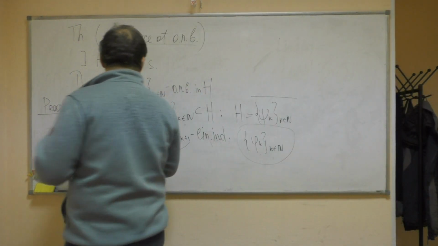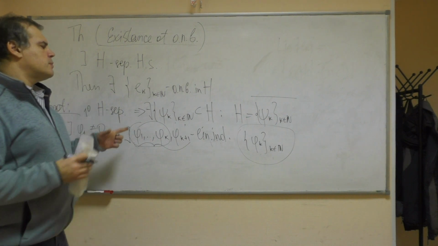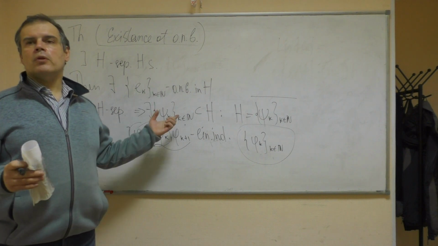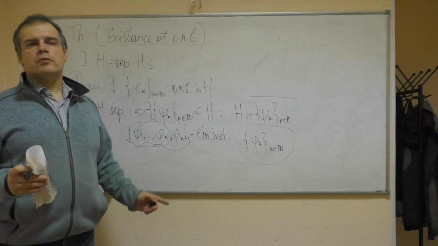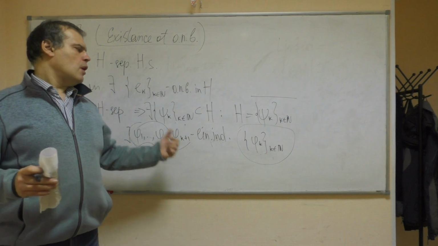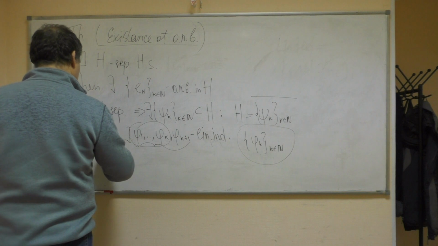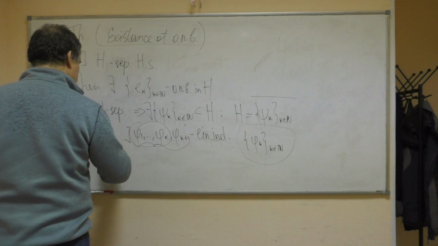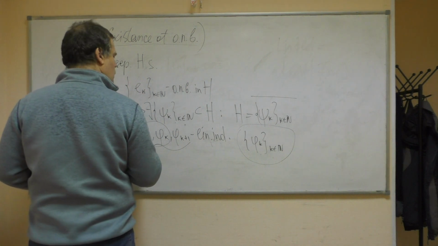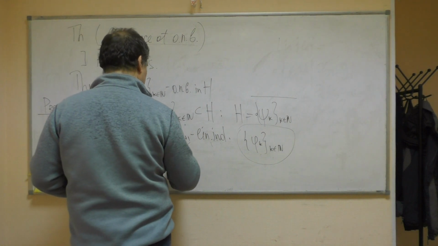And so what did we do in this step? We dropped only linearly dependent elements, and all linearly independent vectors in this system remained here. It means that our initial system belongs to the linear envelope of this new system.